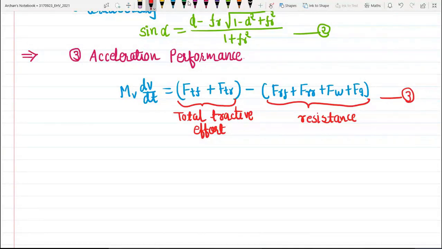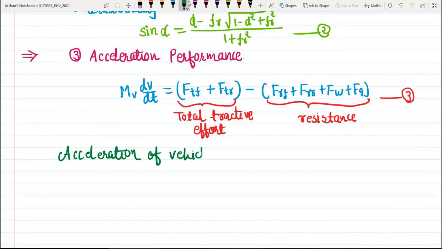Now from this equation, suppose I want to find out the acceleration of the vehicle, right? Then you may write down that the acceleration of the vehicle is given by small a, which is nothing but dv/dt.